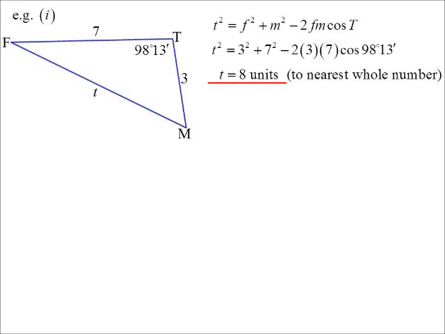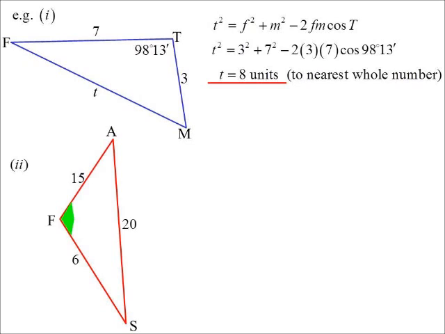Now, if we want to find an angle using the cosine rule, so that's a situation where we know all three sides of the triangle, then we can use the cosine rule. Some people like to remember a different formula. Others just remember the one cosine rule and then just rearrange it. Up to you, I guess, how you want to approach it. So if I did do it the rearranging way, I'd start off with the cosine rule, where f is the angle I want to find.